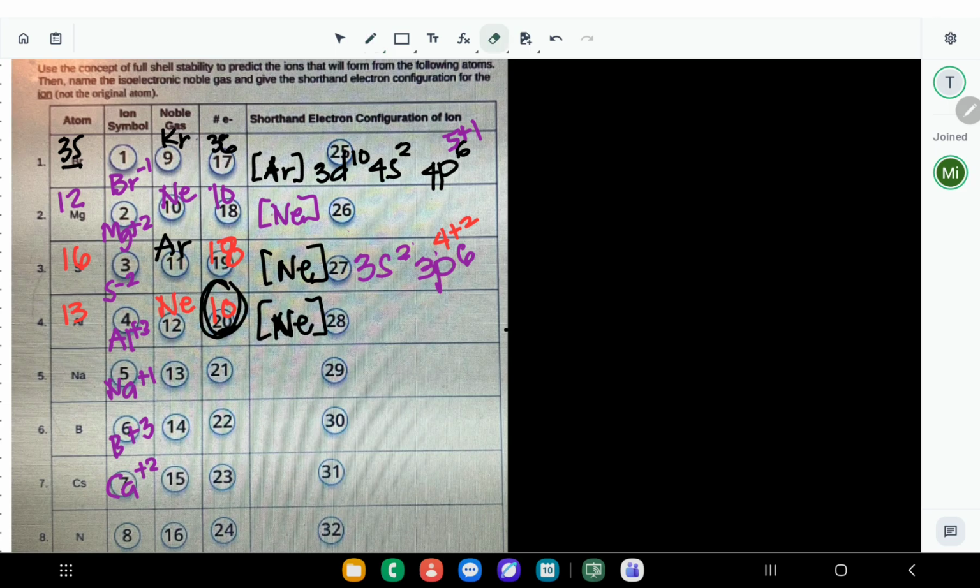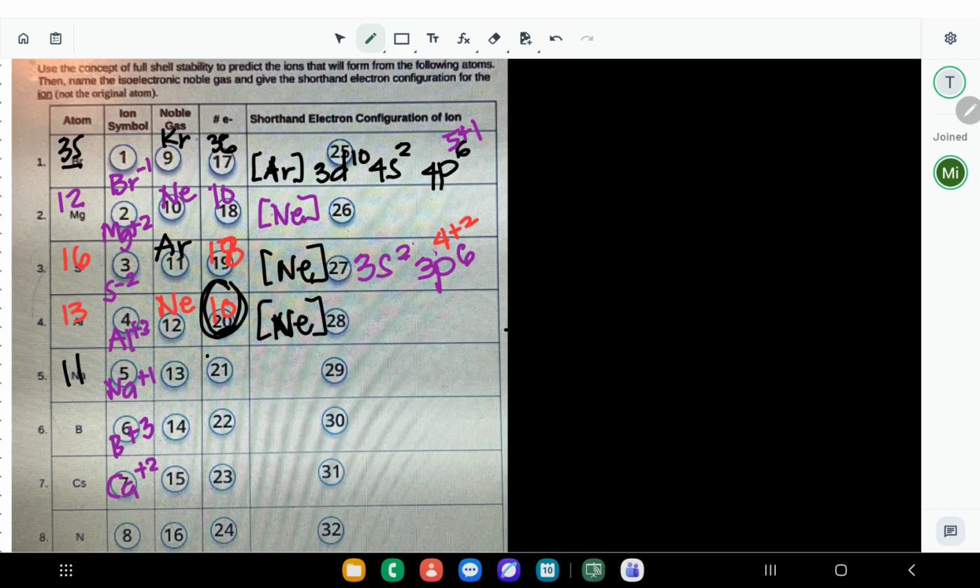All right. Okay, then for sodium, how many electrons does sodium have? Or the atomic number? From the periodic table, the original is 11. Yeah, so it's 11. Then for the ion, it has a charge of +1, so we subtract 1.